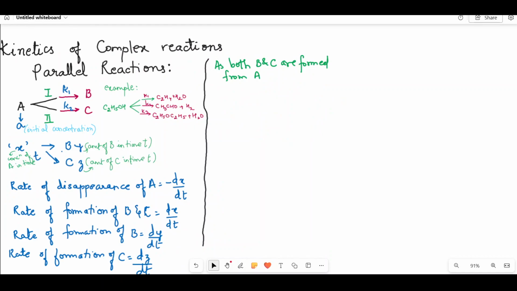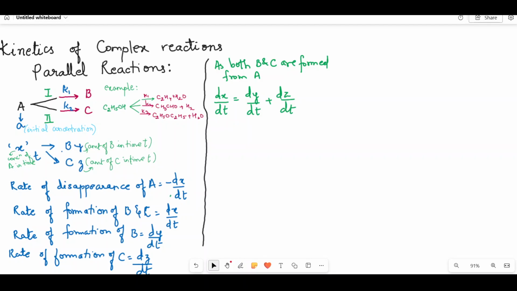As both B and C are formed from A, we can write dx by dt is equal to dy by dt plus dz by dt.